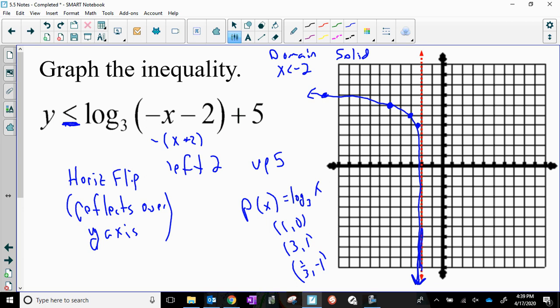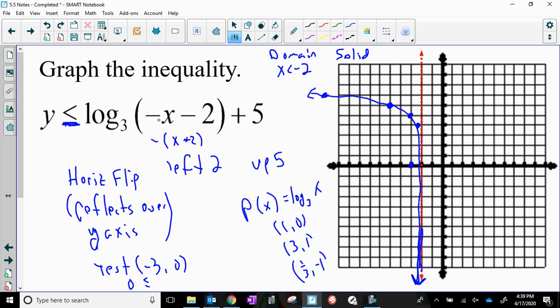All right, last thing, test point. So my test point right here, underneath our locator point, where the point 1, 0 got transformed to. So I have -3, 0. That's what I'm going to test. And when I plug that in there, I get 0 is less than or equal to.